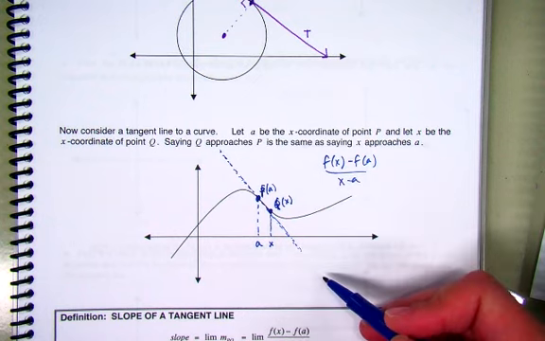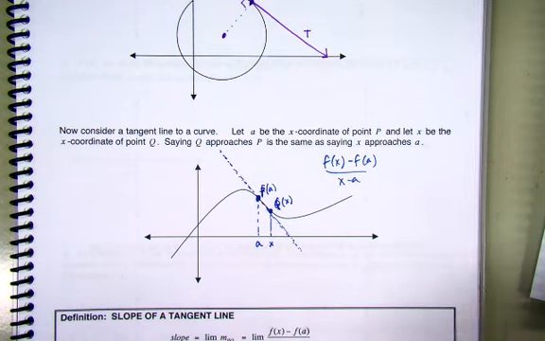Along that line. Now, this is where the limit comes into it: we're going to start moving this point Q closer and closer and closer to point P. You see where the limits are going to come in now. As I move that closer, so as my x value gets closer and closer to a, my y values are going to get closer and closer to f of a, that y-coordinate.